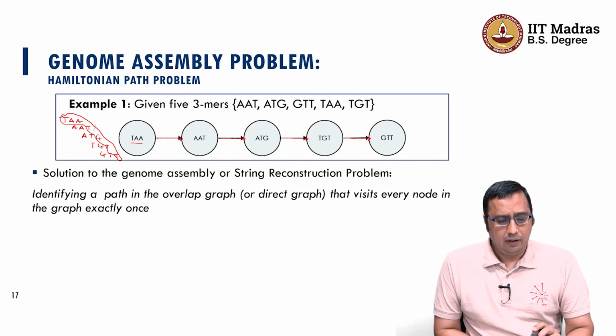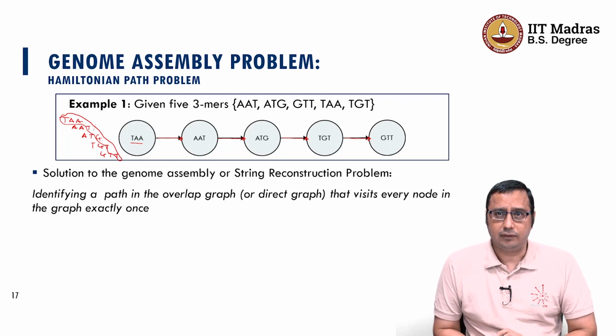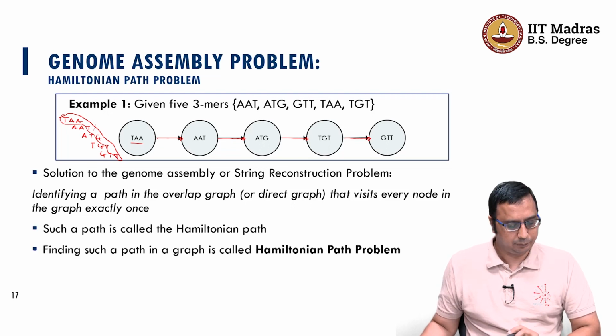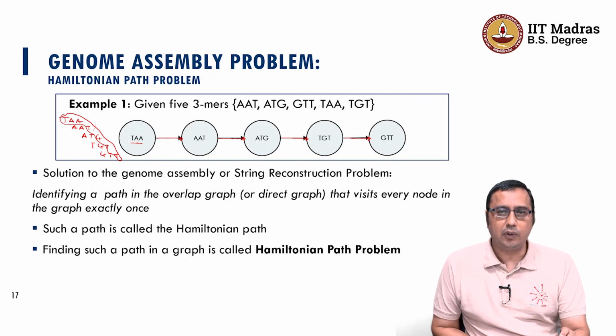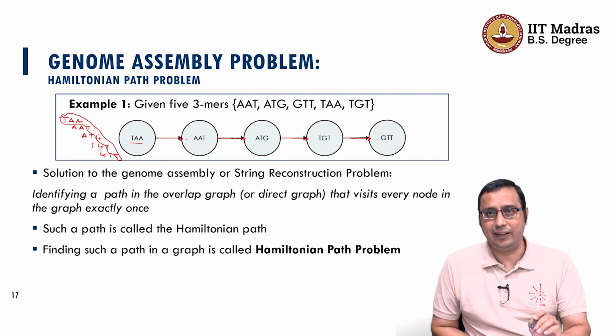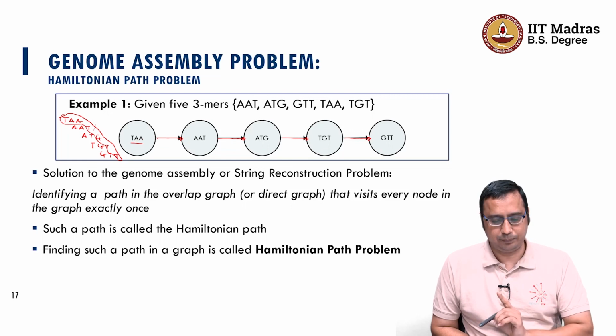Hence, what I am looking for here is a very interesting concept in graph theory called the Hamiltonian path. The path which is a path where we go through each of the nodes in the graph exactly once is called a Hamiltonian path.